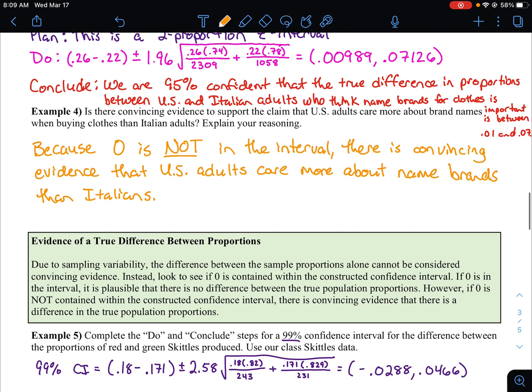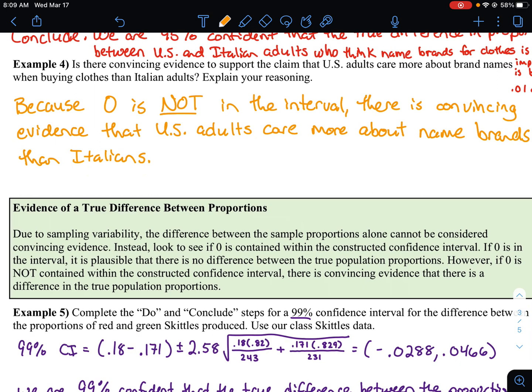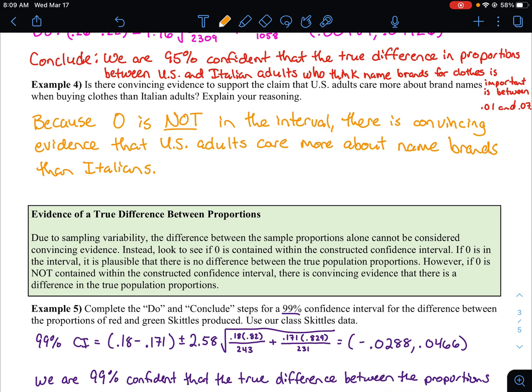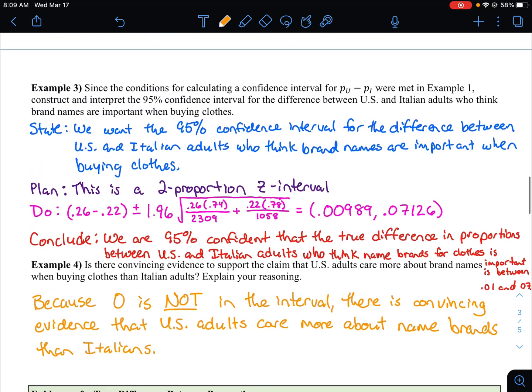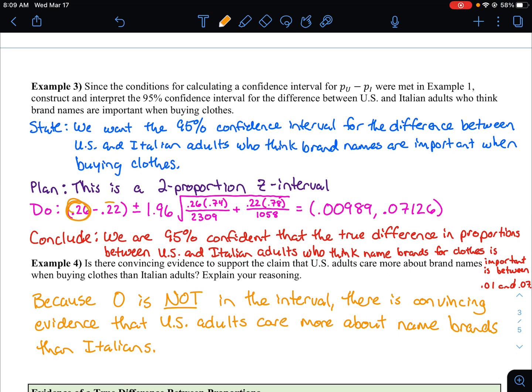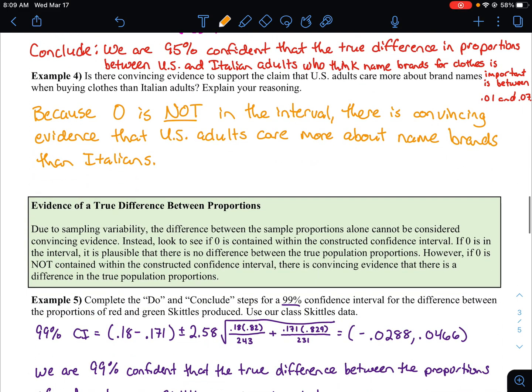Okay. So, what I basically just discussed is what's in this green box here as far as evidence goes. Due to sampling variability, the difference between the sample proportions alone cannot be considered convincing evidence. We can't just say, yeah, Americans were 26, Italians were 22, Americans are higher. Right? There's sampling variability that takes place.